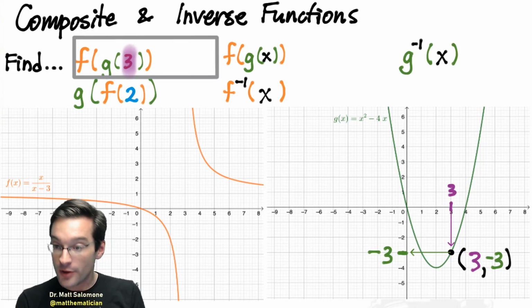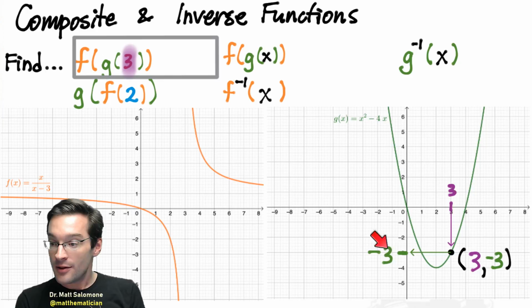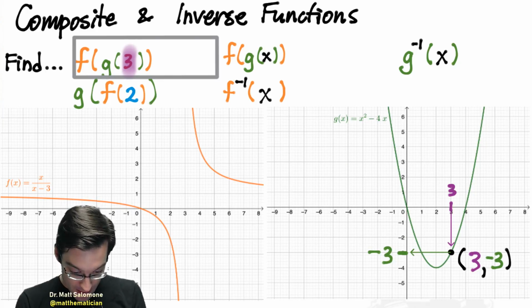And so at least according to my graph, g of 3 is equal to -3. And so, in my expression up here, I simplify g of 3, and g of 3 gives me -3.